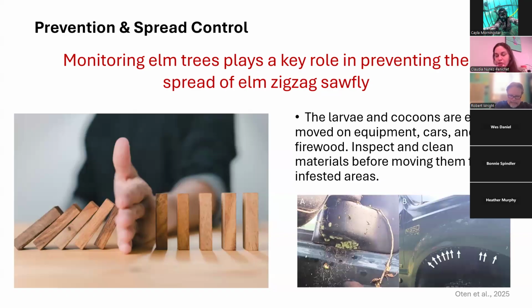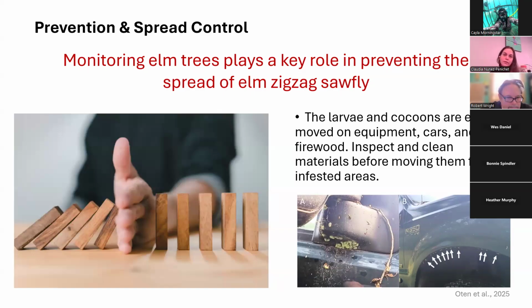And this is a picture that I want to share from Autumn and collaborators in 2005 of different cocoons of this species actually being on the mirrors of the car and on the wheel of the car. Every single arrow there is a cocoon. So it is very important that we check every place and equipment and things that we're going to be moving around from invaded areas that are already infected to new locations.